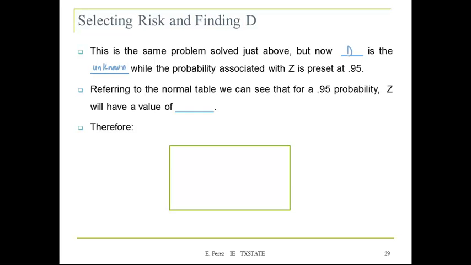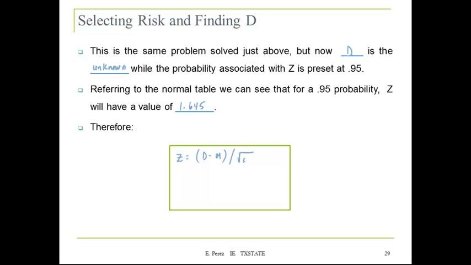So basically what you're going to do is solve for D using the same analysis. Referring to the normal table, for a 95% probability, Z will have a value of 1.645.